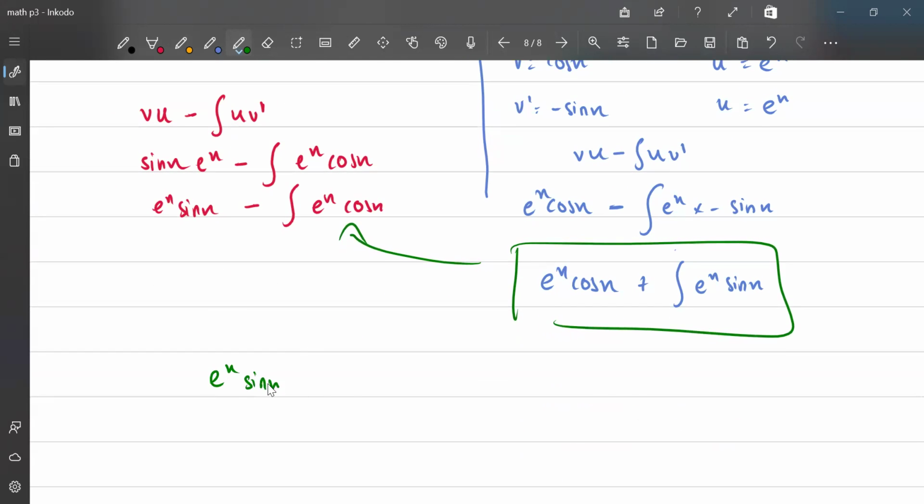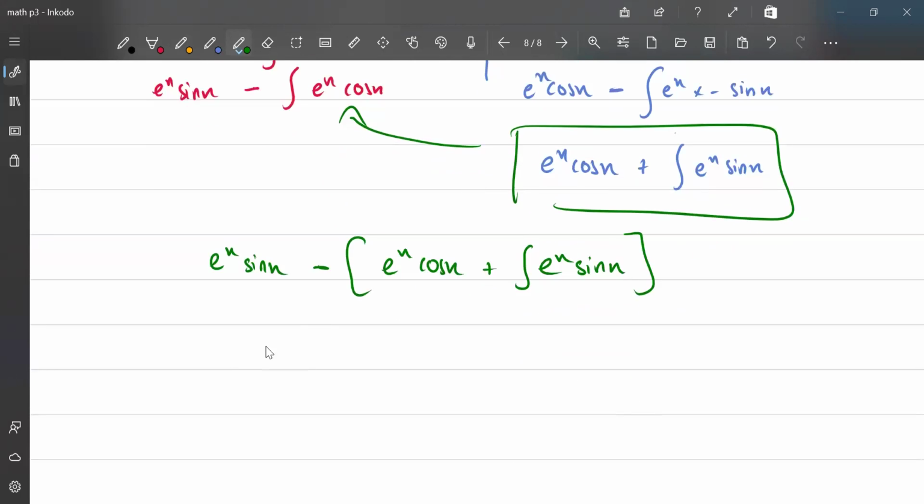e^x sin x minus e^x cos x plus integral of e^x sin x. All right, simplify it. e^x sin x minus e^x cos x minus integral of e^x sin x.